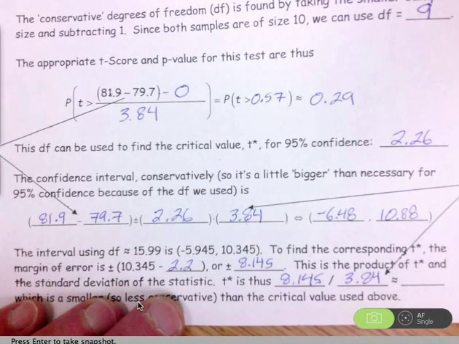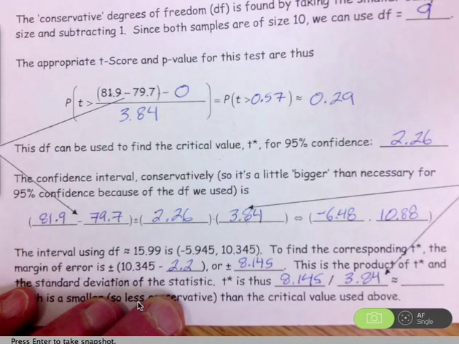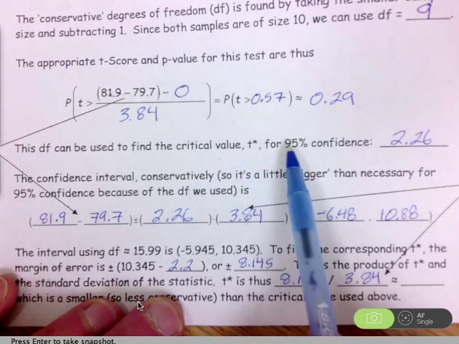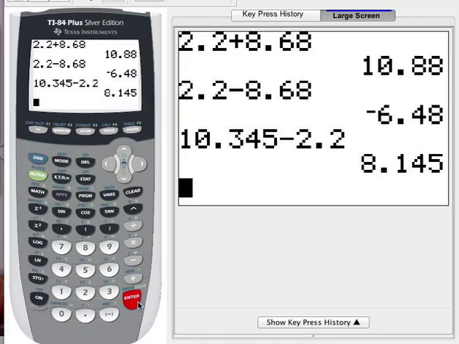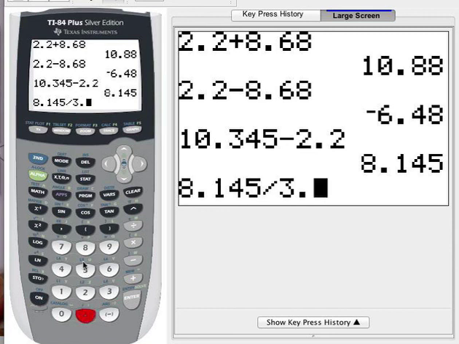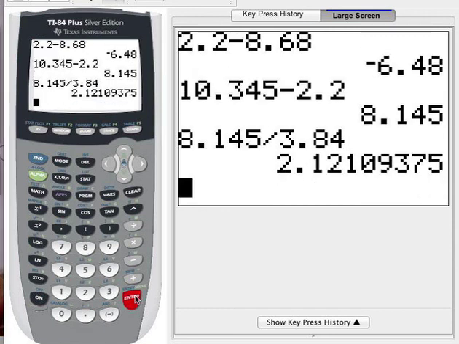Again, we're doing this to find the critical value that we would have needed to achieve 95% confidence using the real 15.99 degrees of freedom, which is the more accurate degrees of freedom. So here we go. We'll take the 8.145 and divide by 3.84. And that results in a t-score of 2.12.